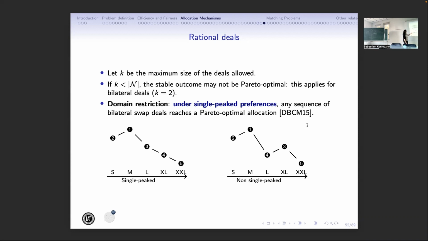So these preferences are single-peaked, but in this case, the preferences are not single-peaked. As you can see, my peak is M. So after I prefer S, so it's okay. But I prefer XL to L. And you see that when I go from the peak to the right side or to the left side, it is not only decreasing.